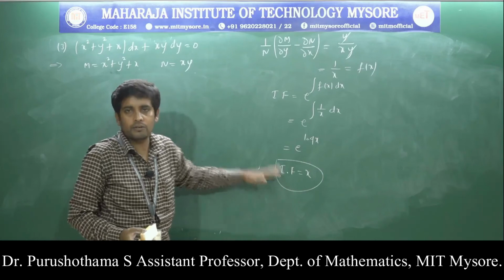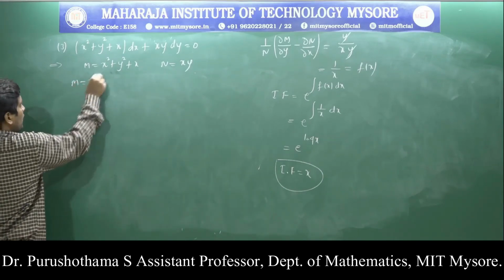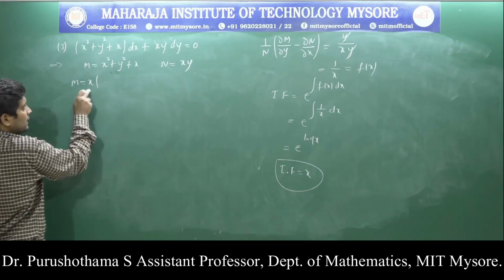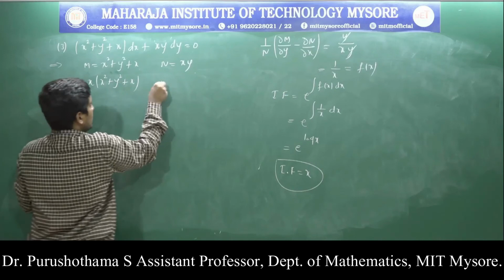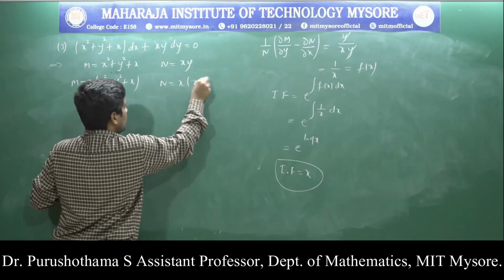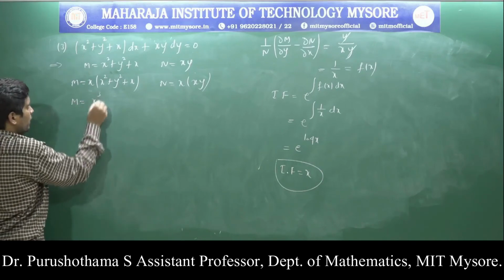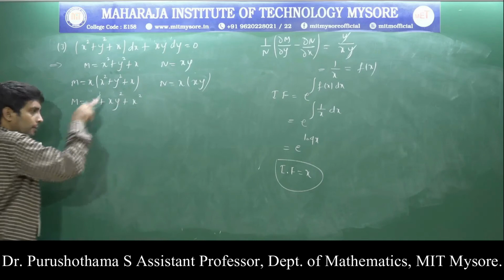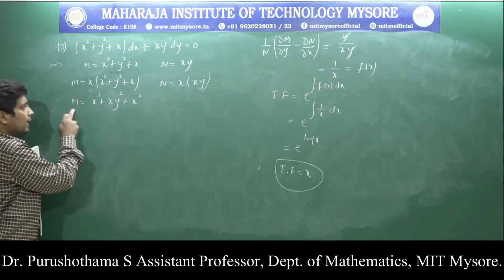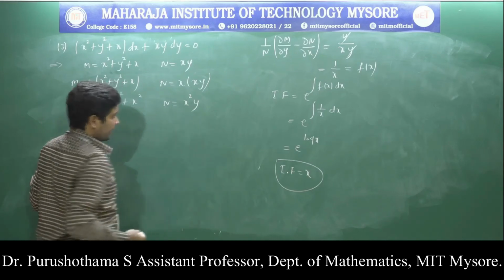Multiplying this integrating factor into the given equation, M becomes x times (x² + y² + x), which is x³ + xy² + x², and N becomes x times xy, which is x²y.